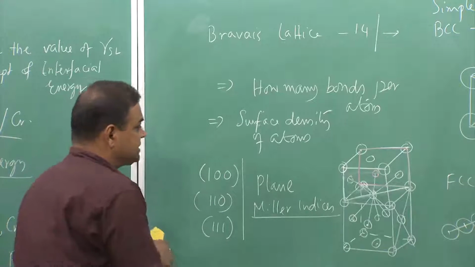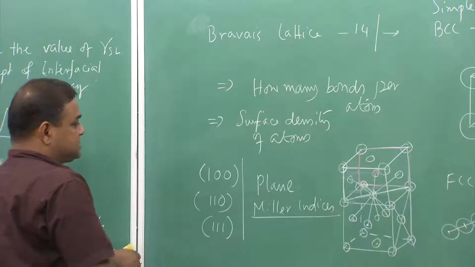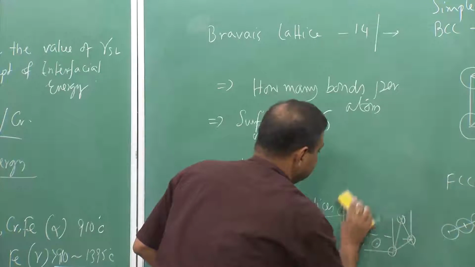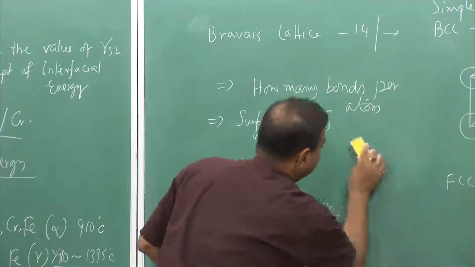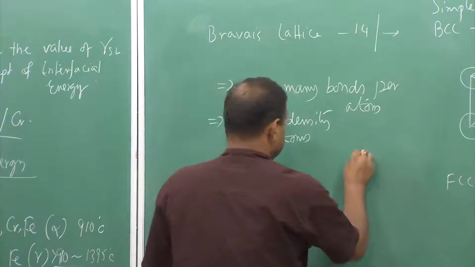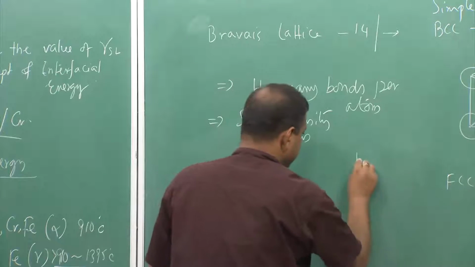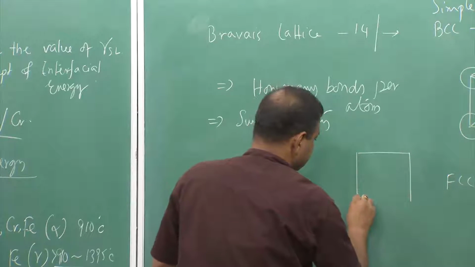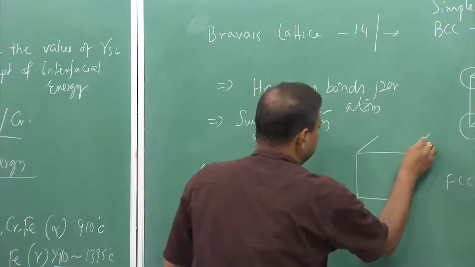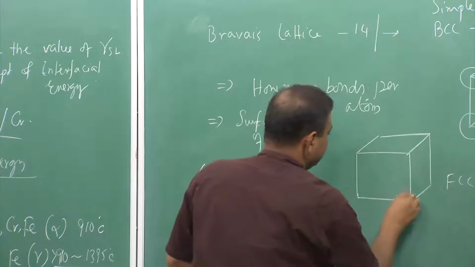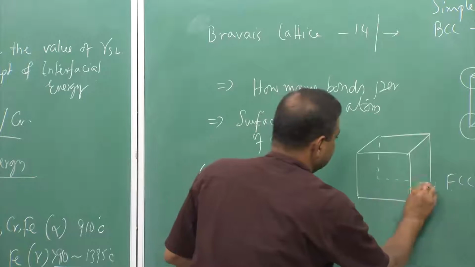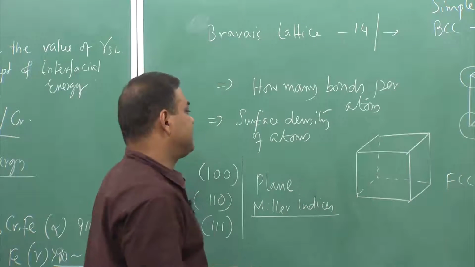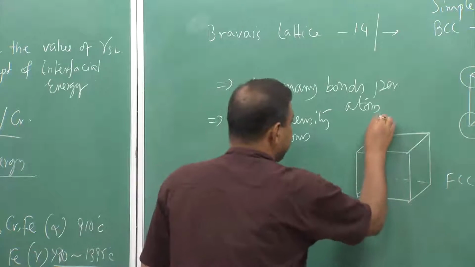Now, let us see a simple unit cell of FCC, or let us say simple cubic. First, let us see simple cubic. This is a simple cubic and these are, let us say, the axes.